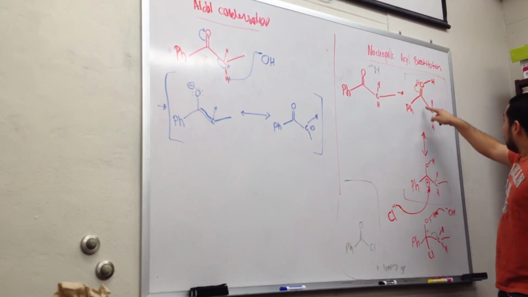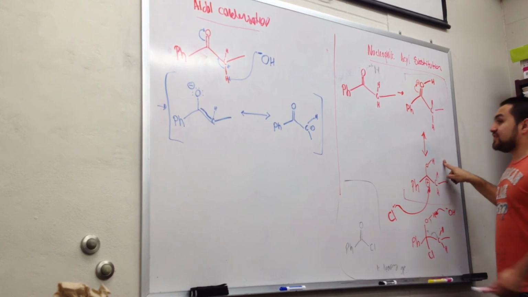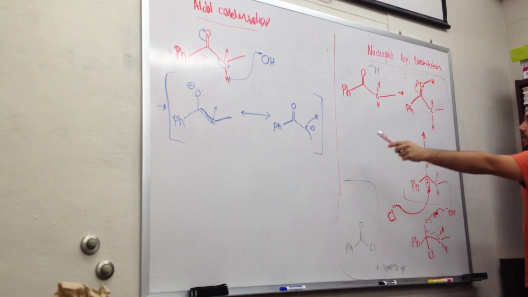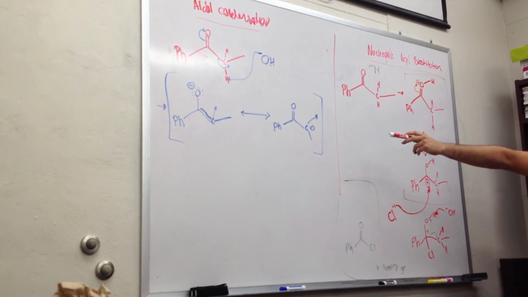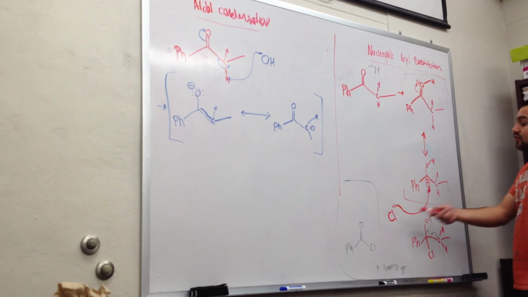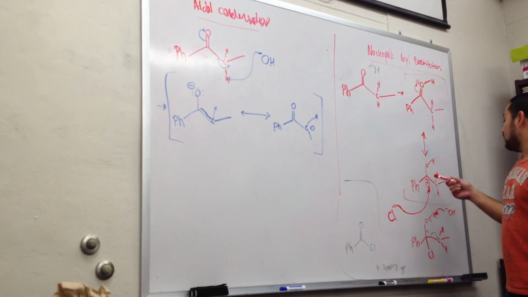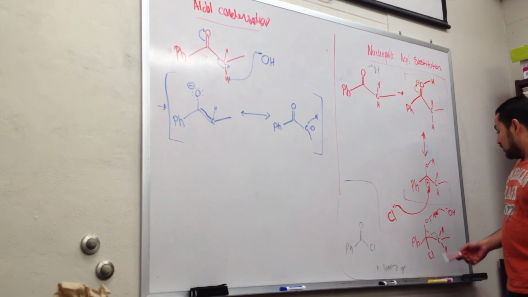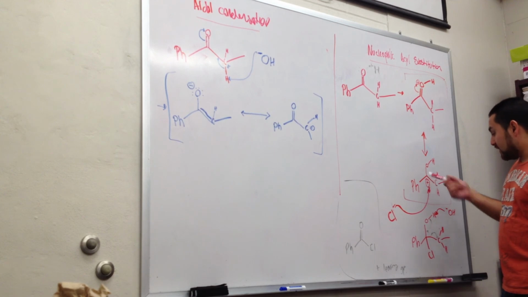And when, in one of these resonance configurations, instead of being a carbanion, it will be a carbocation. Okay, carbocations will attract nucleophiles. The nucleophile will come in and attack there, and will relieve the carbocation.